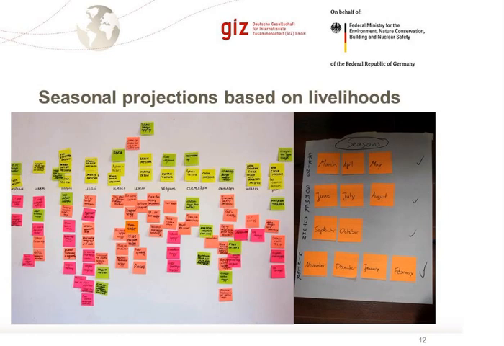At the same time, this is another tool which you see in the left photo: seasonal calendars, where the activities that the local population are doing are connected with a certain season, for them to also understand what kind of impact it will have if certain climatic stimuli change in a certain season, or if seasons change.